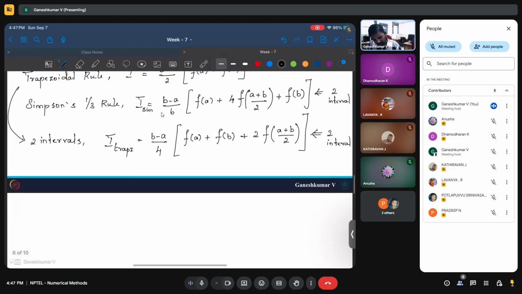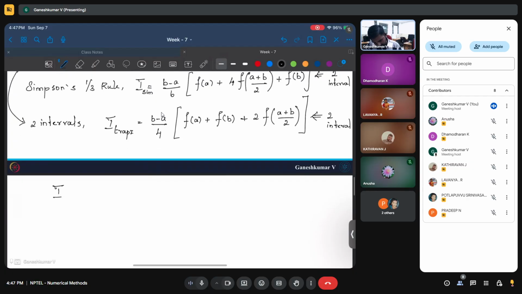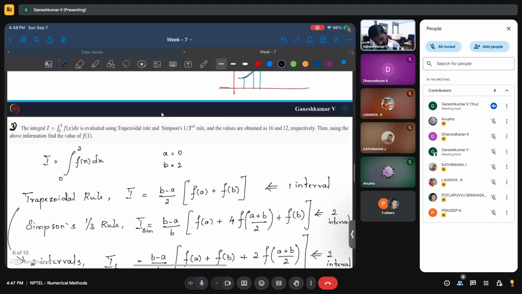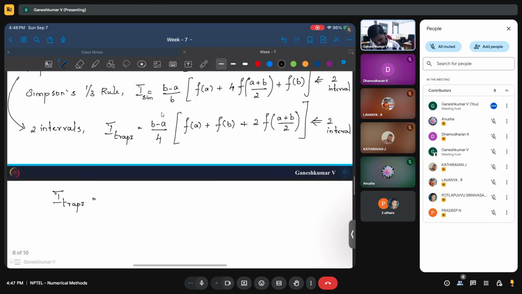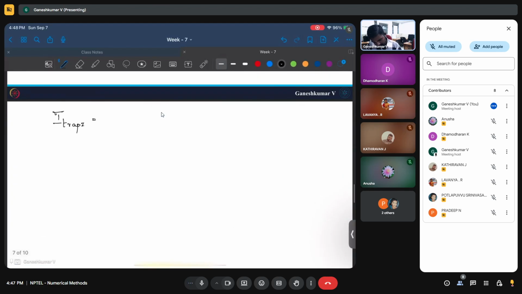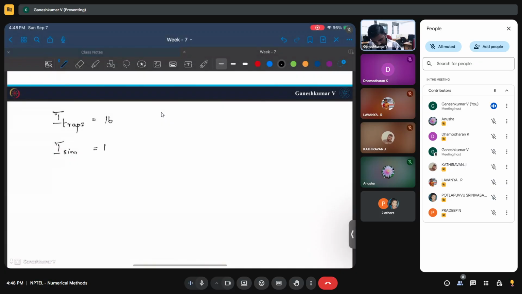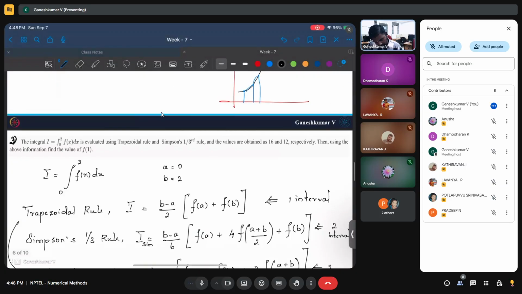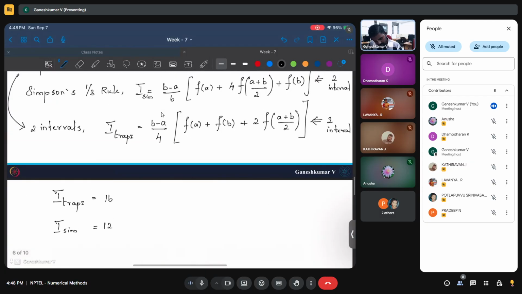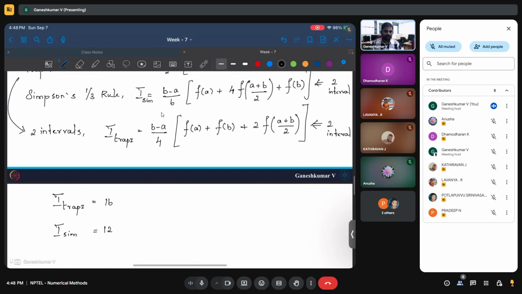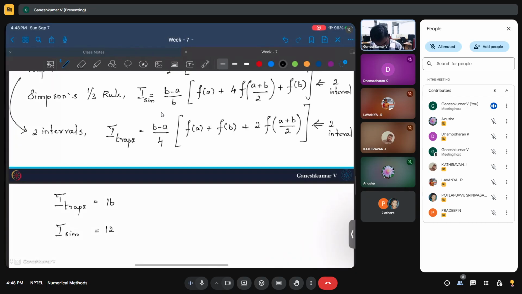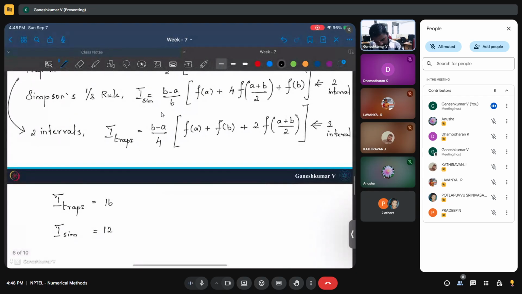So we know that I trapezoidal is 16, and I Simpson is 12. This is what we obtained, right? Now you just need to substitute these relations and eliminate f of a and f of b.